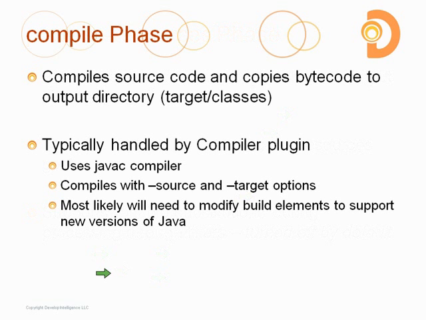So I could take a source tree that was written for 1.3, and the production environment is still 1.3, but on my development machine I only have 1.6. I've made an enhancement to the source tree, and now I need to down-compile it. I don't want to go out and find JDK 1.3 to do that. I just tell the compiler, hey, use version 1.3 for my source and my target, as an example.